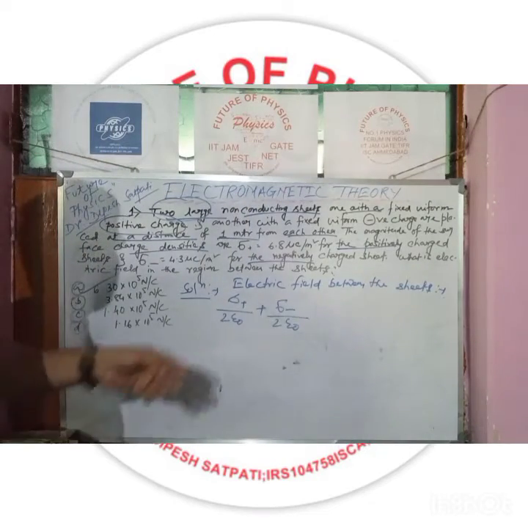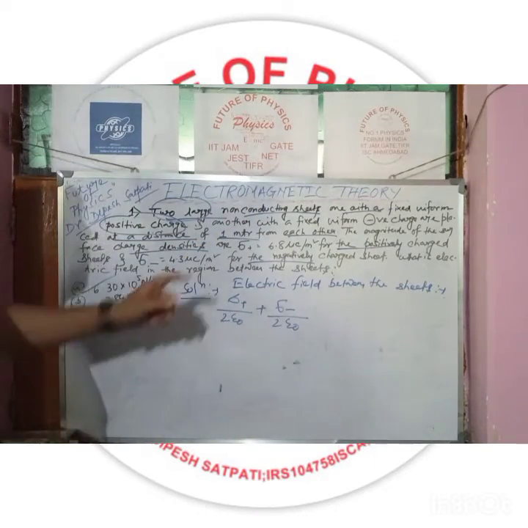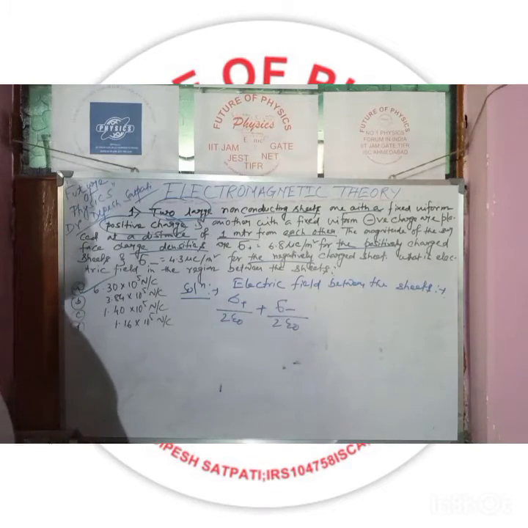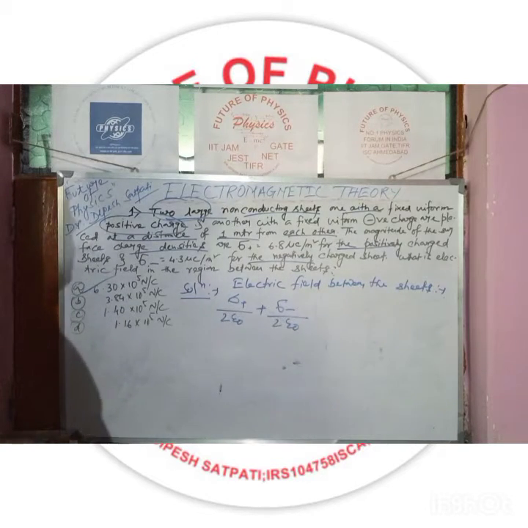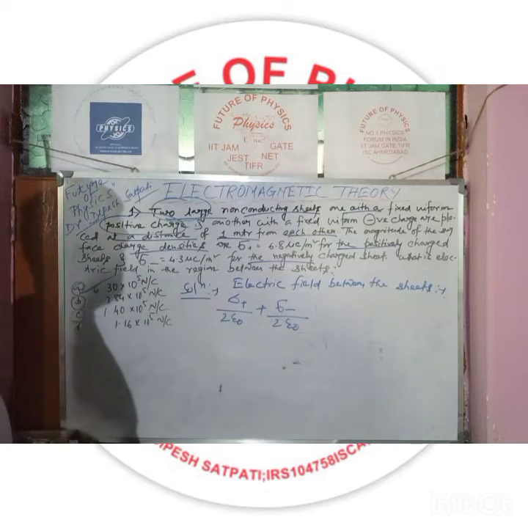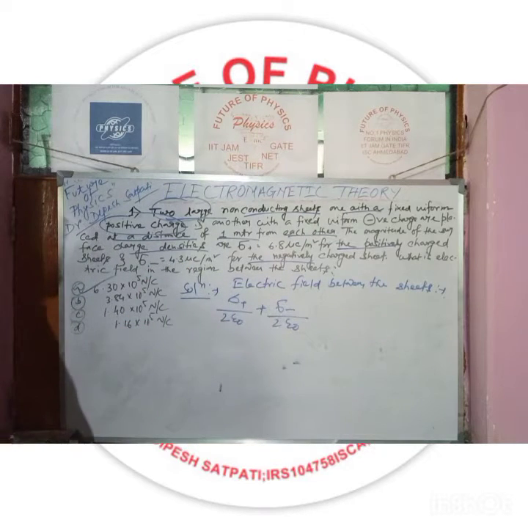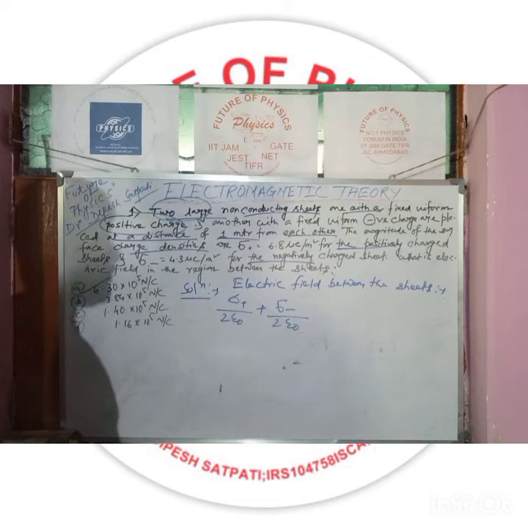Now sigma plus is 6.8 micro coulomb per meter square, and sigma minus is equal to 4.3 micro coulomb per meter square. Then the electric field between the sheets is sigma plus divided by 2 epsilon 0 plus sigma minus divided by 2 epsilon 0.